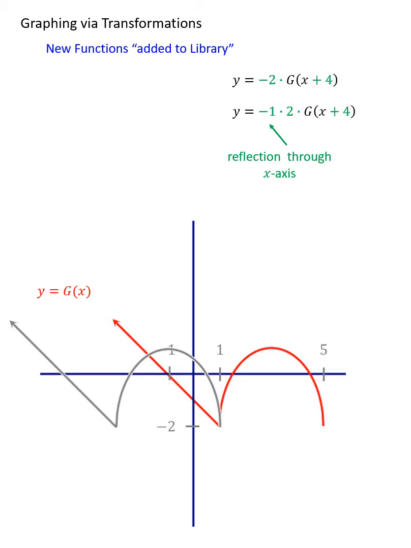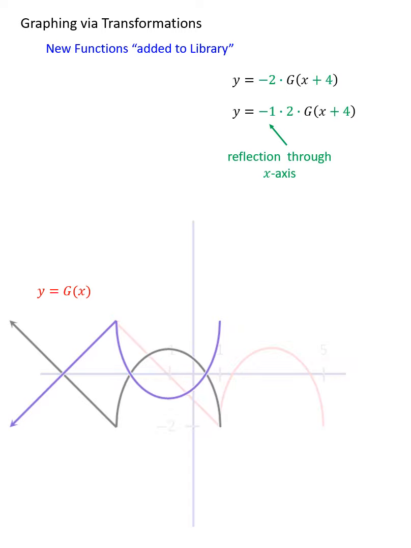Remember, I'm already at the gray graph on the left, and now I'm going to reflect that through the x-axis, and I'll get this. Let me remove some of the clutter here so that you can see that this is in fact a reflection through the x-axis. By the way, these 3 points are very important.